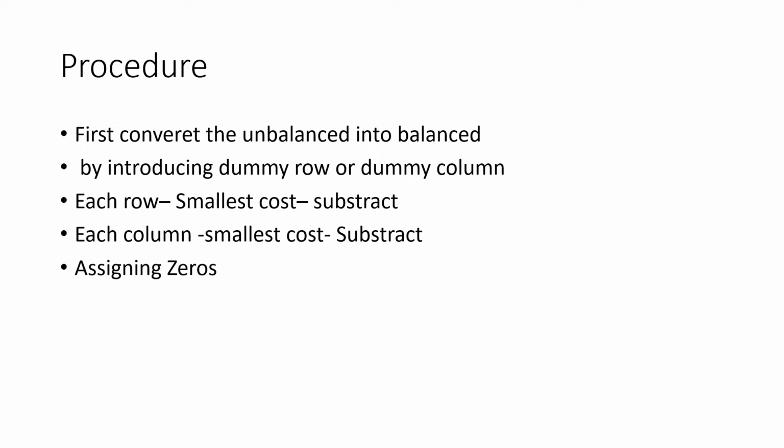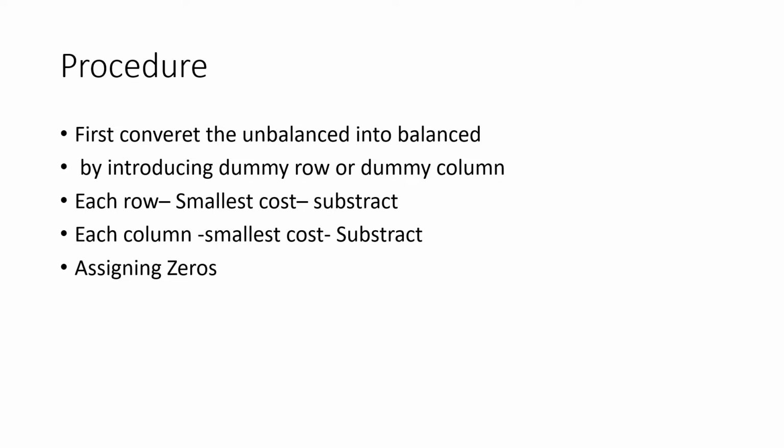If we are given an unbalanced assignment problem, before we enter into the procedure for solving it, we have to convert it into a balanced one by introducing a dummy row or dummy column. If the number of rows is less than the number of columns, we introduce a dummy row.